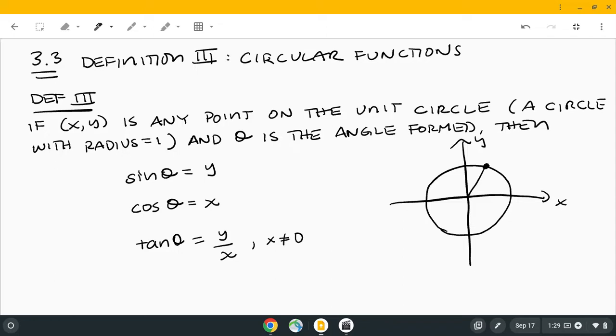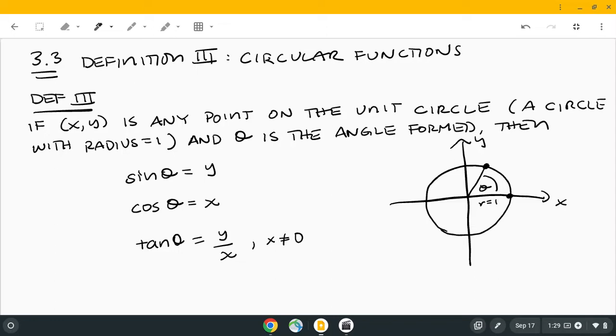Then again, it has a radius 1. R equals 1. Okay, so we have that radius 1, and here is our theta.